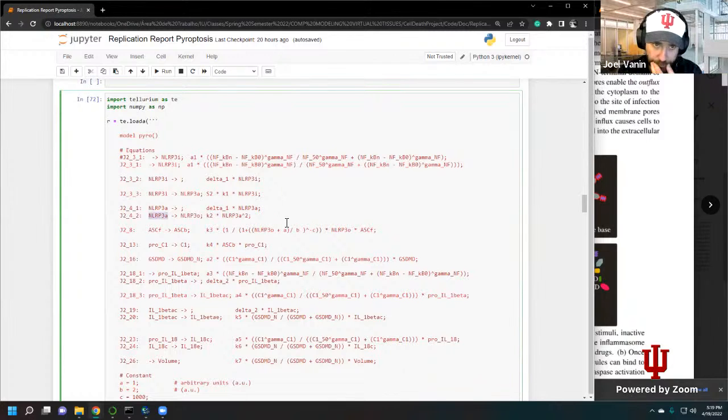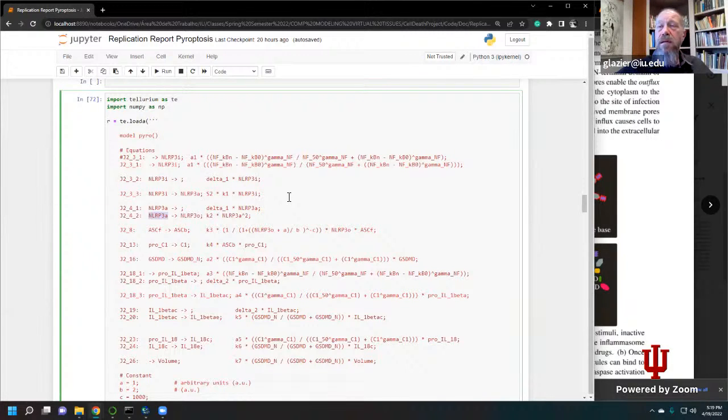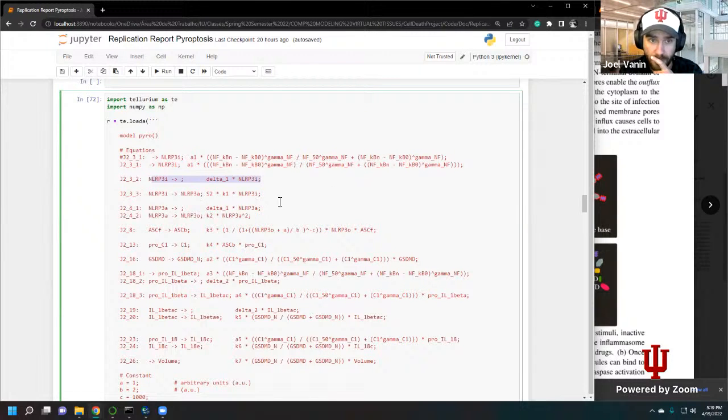And the faster the decay rate is, the less will eventually become NLRP3O. You start out with I turns into A turns into O, okay? If you had no source, and there were no decay, then eventually all of your NLRP3I would become NLRP3O. The fact that you have decay means that you won't get all of that.